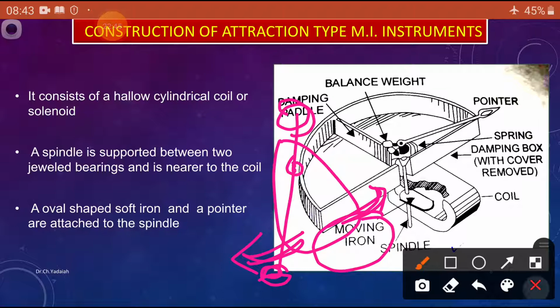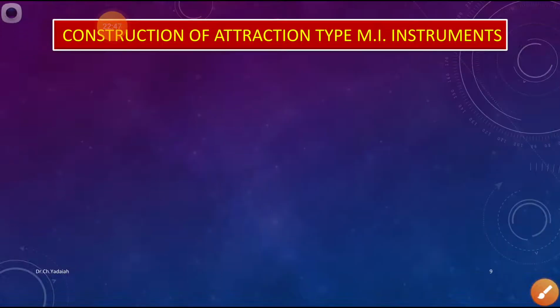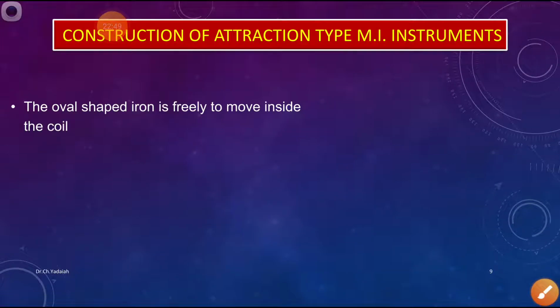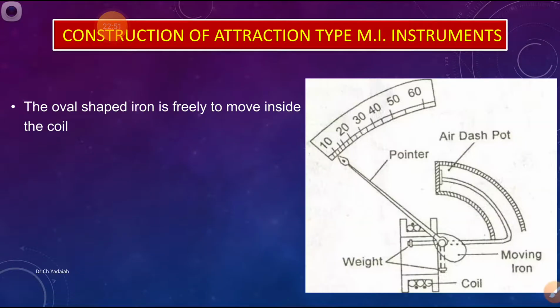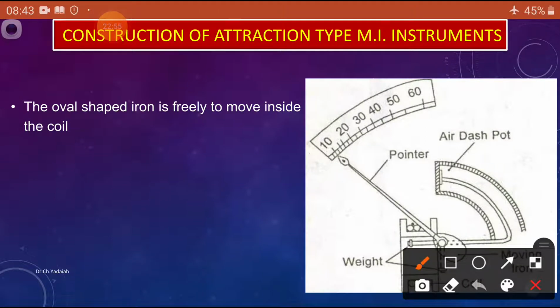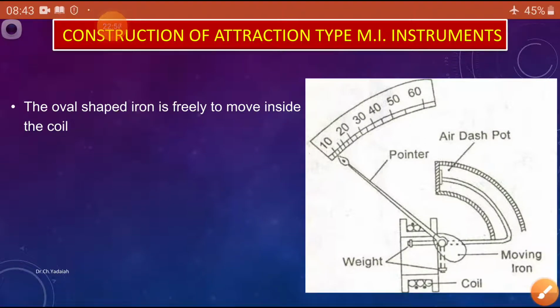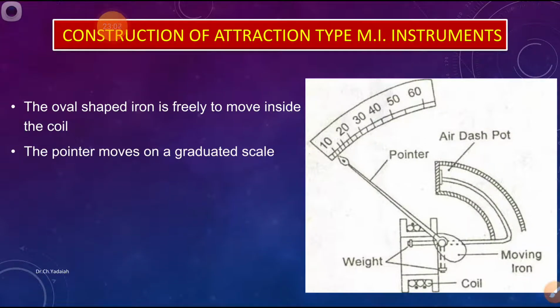Okay, now the oval shaped iron is free to move inside the coil. So what you can see here, this is the oval shape, the moving iron, free to move inside the magnetic coil. The pointer moves on a graduated scale.